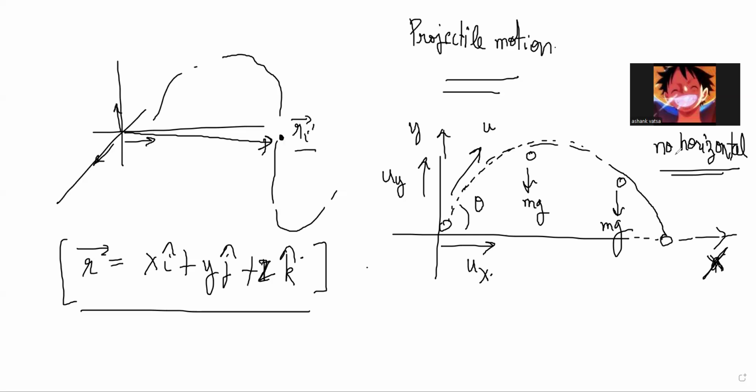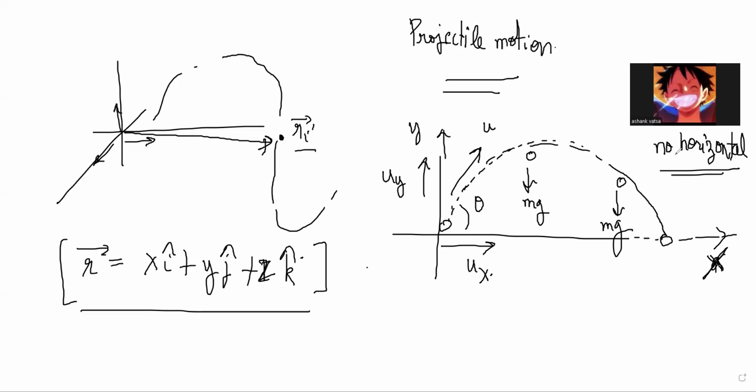The motion in the x-axis and y-axis are completely independent of each other. Do you understand what I mean? Yes, sir. You don't have to worry about x-axis stuff when you're trying to do y-axis calculations. Yeah. So similarly, vice versa.